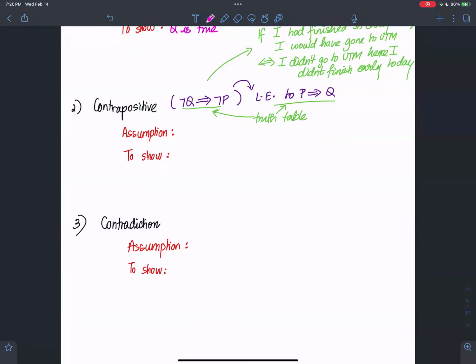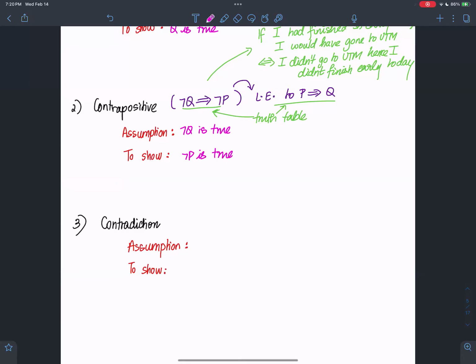Okay, in contrapositive, what is your assumption? Awesome. And what do you show? Awesome.